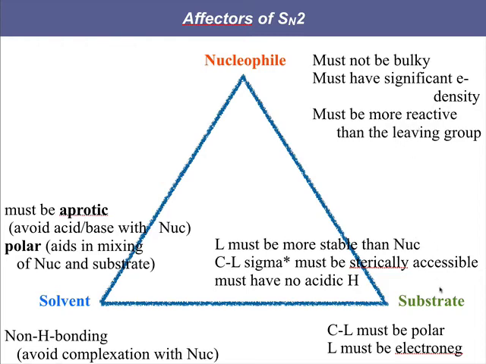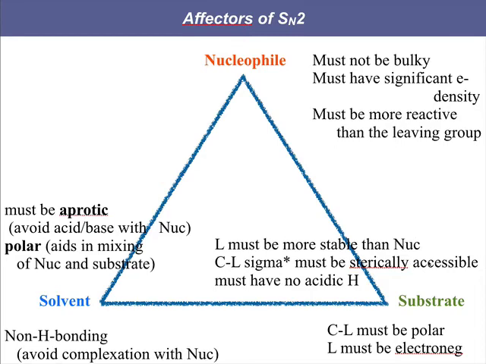From the perspective of the substrate, C-L must be polar. That ensures that our carbon is partially positive, and so the nucleophile will be attracted to it. L must be electronegative, so that it's willing to leave. When it leaves, L must be more stable than the nucleophile, and the C-L sigma star, the antibonding orbital, must be sterically accessible.